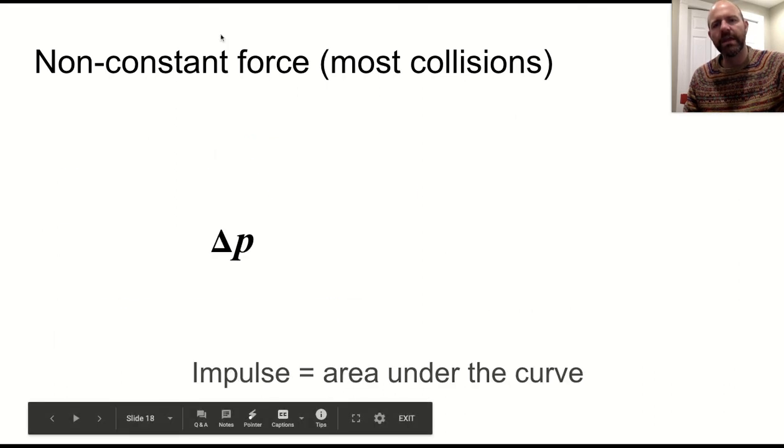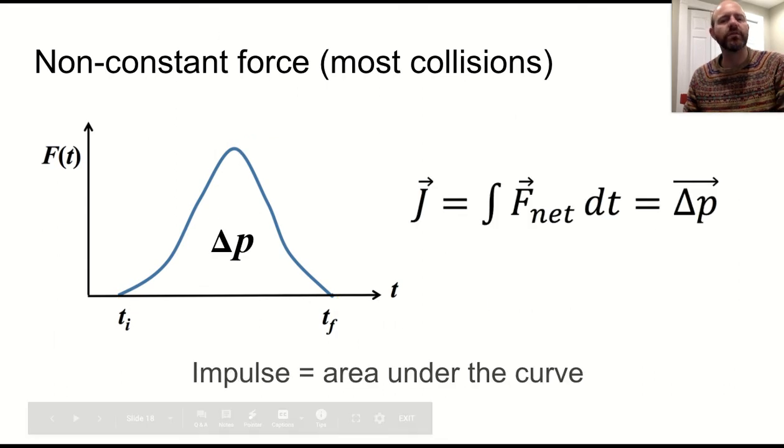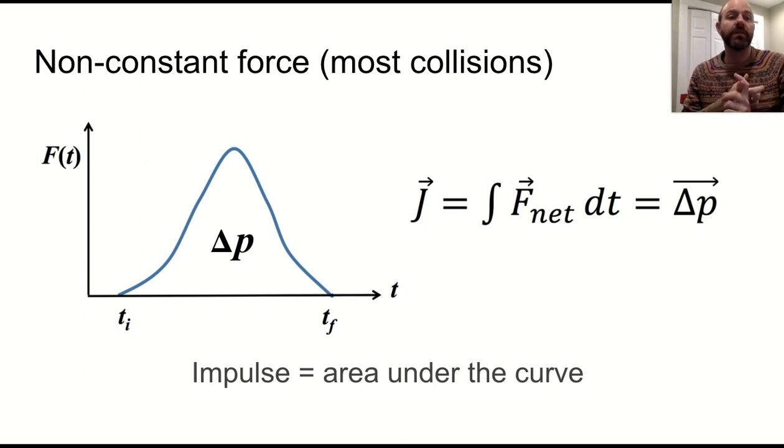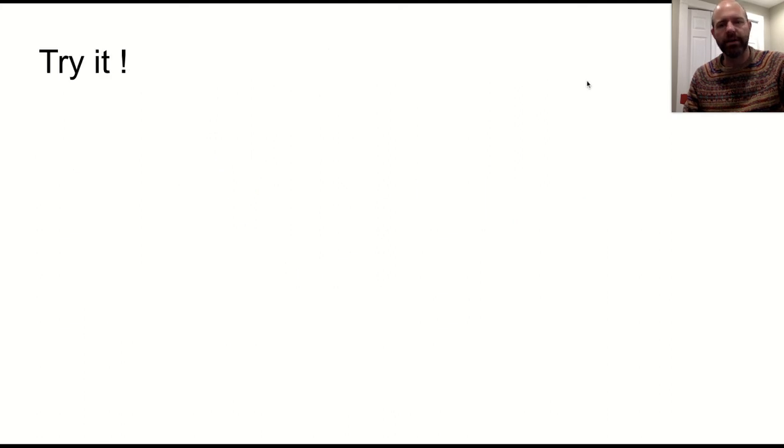But the area under this curve would be the impulse. Now, if this followed a particular force versus time curve that you could actually integrate, like maybe net force depends on time squared or something like that, maybe it's a parabolic shape, then you could actually compute this integral. If not, we would estimate the area under the curve.